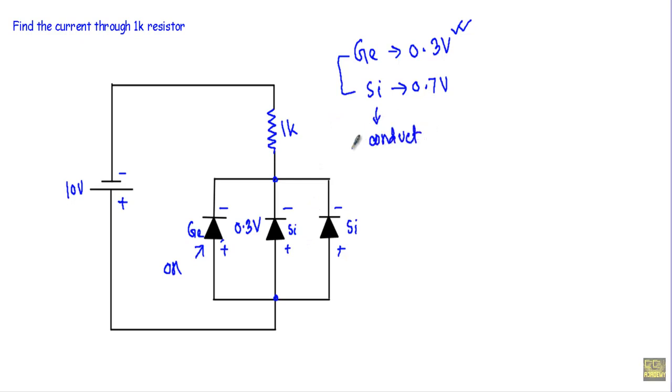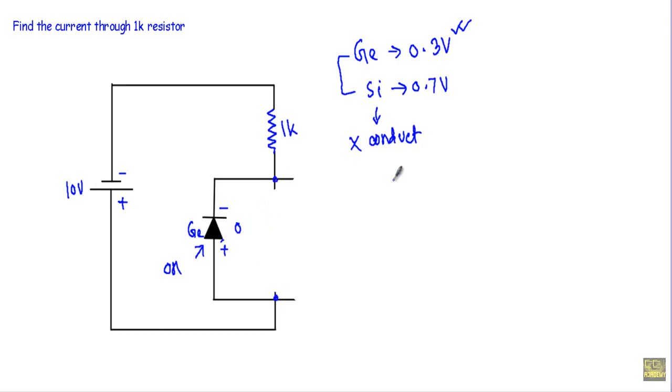As they will not conduct any current, therefore I can replace them with open circuit. See, I have replaced the silicon diodes with open circuit because they will not conduct any current, because this germanium diode will be in forward bias faster than the silicon diodes. That means it will maintain a voltage difference of 0.3 volt across this terminal to this terminal.